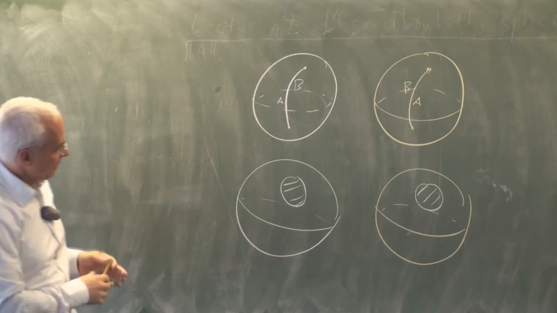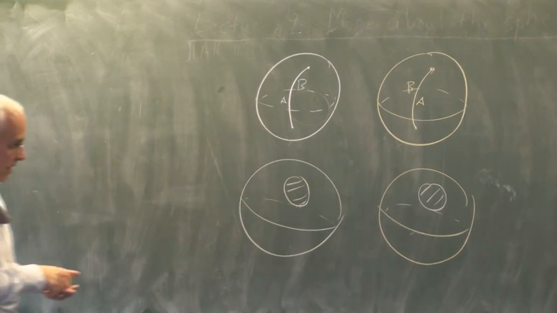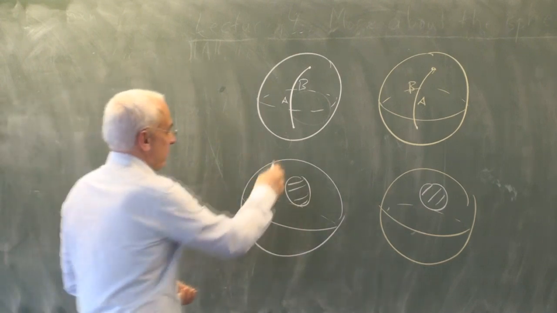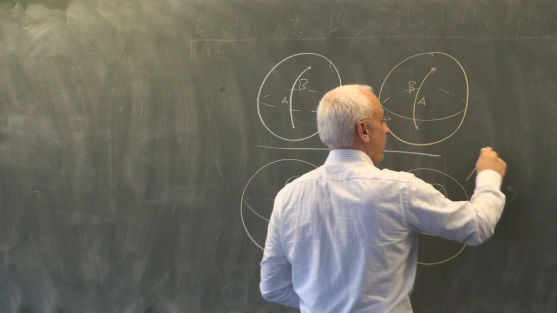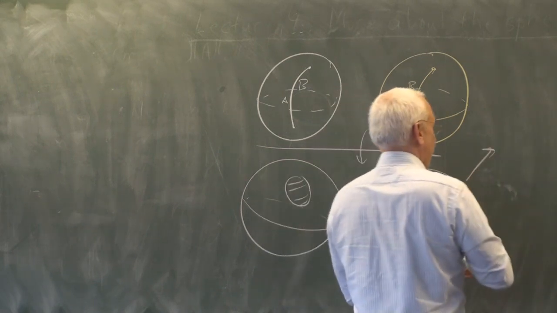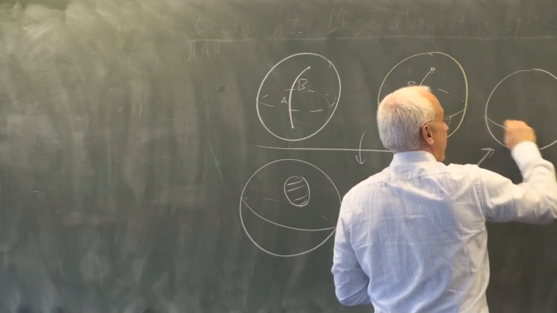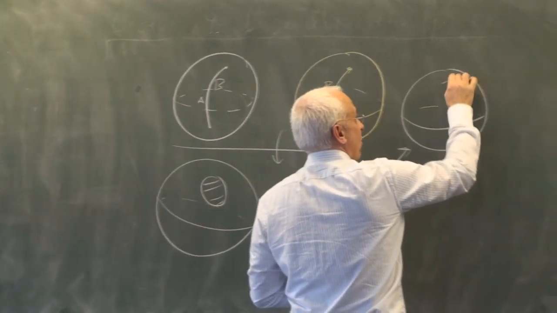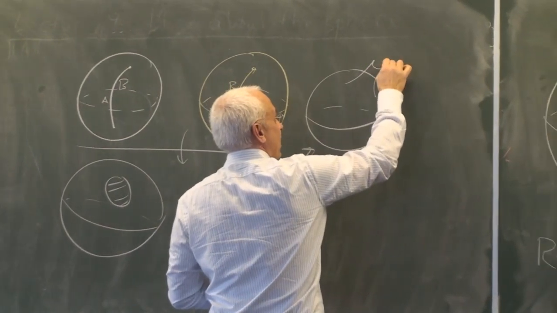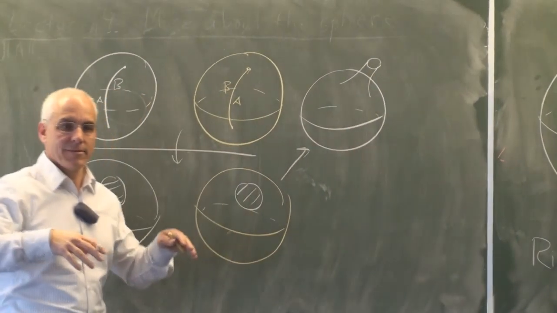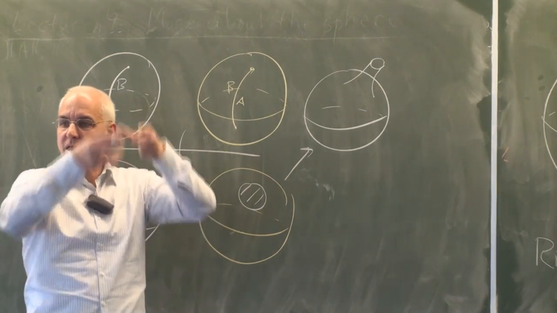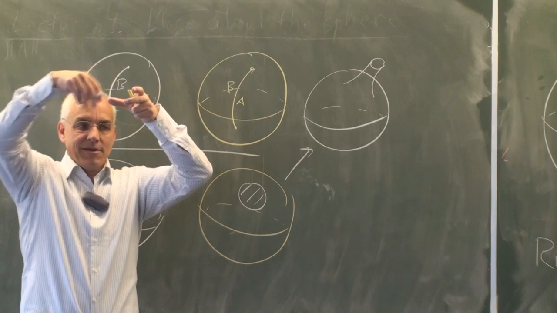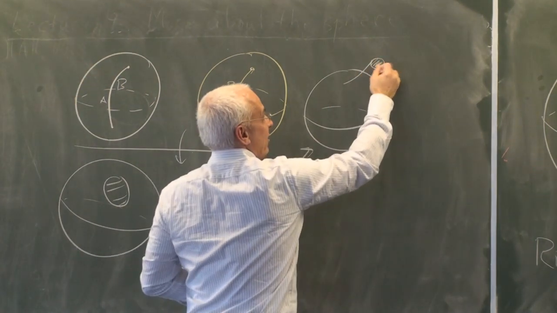Okay, now I still have to sort of glue these things together. And so I've gone from here to here. And now let me go up here. So now what I'm going to do is I'm going to take this sphere here that I had, and I'm going to enlarge this hole so that it's actually coming out. So it's like a little volcano. Okay, I'm pushing it out from the outside so you can actually see it on the outside.